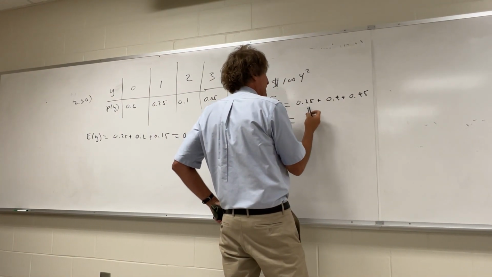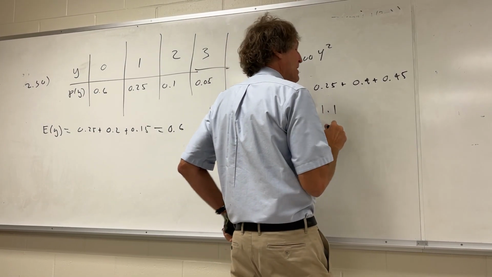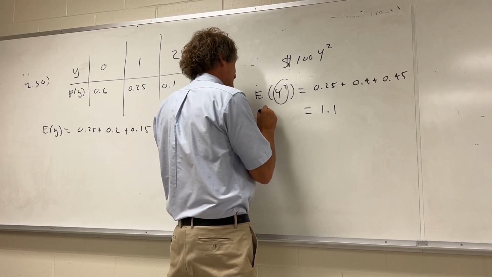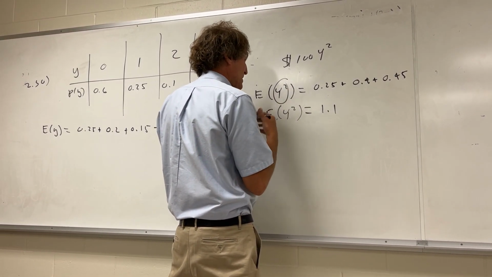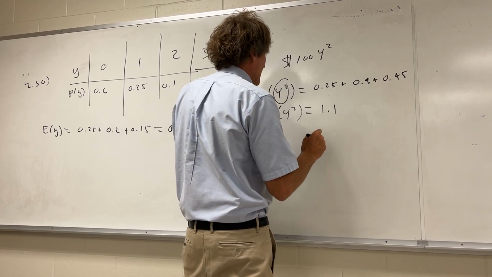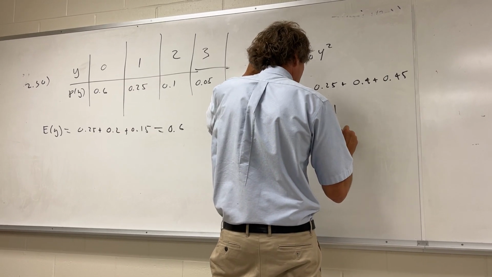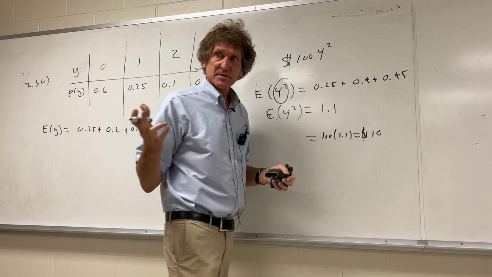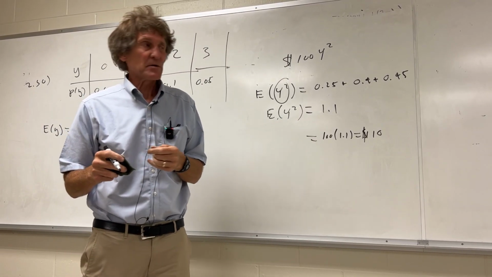So that's 0.7 and 4, 1.1, is that right? All right, so that's the expected value of y squared, and that means the actual expected amount of money would be 100 times that, or $110, and I think he has that too in the answer. Does he ask another part of that or no? No, that's it. That's it, good.